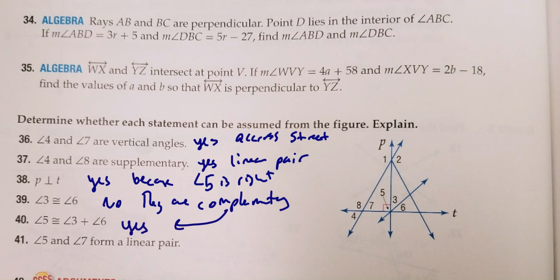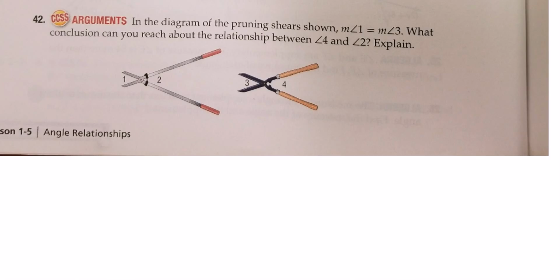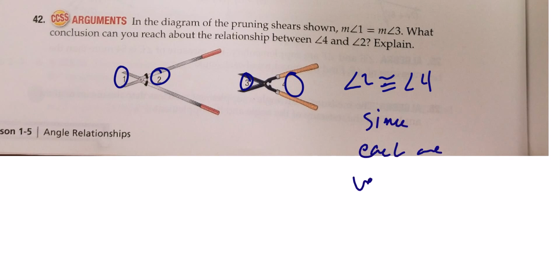They are complementary. Angle 5 and angle 7 form a linear pair? No. They are not on the same line. Well, if angle 1 is congruent to angle 3, that means angle 2 is congruent to angle 4. Since each are vertical angles.